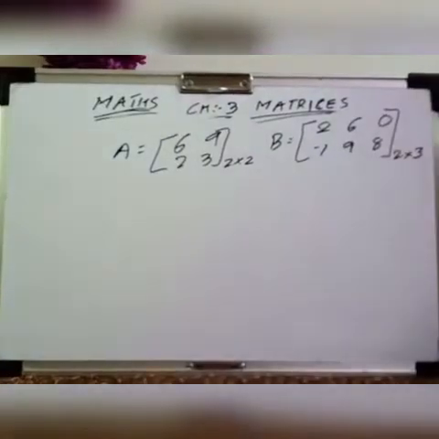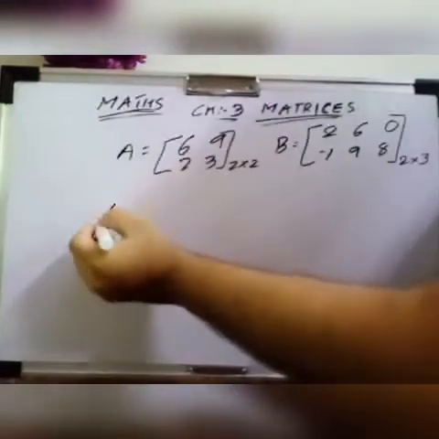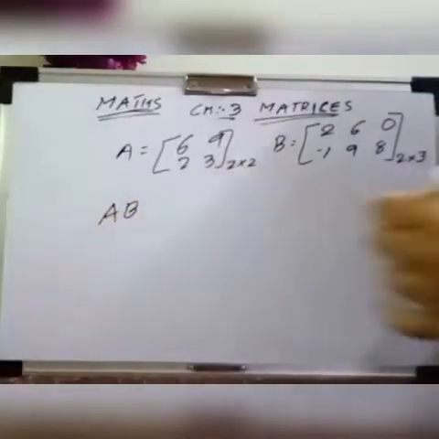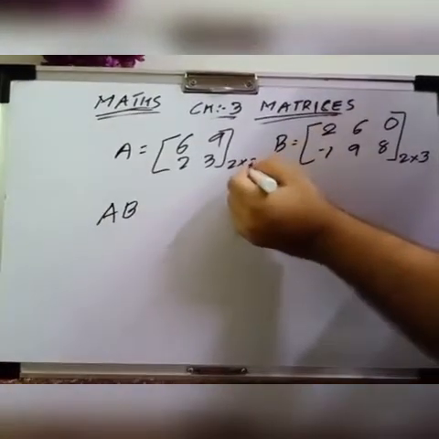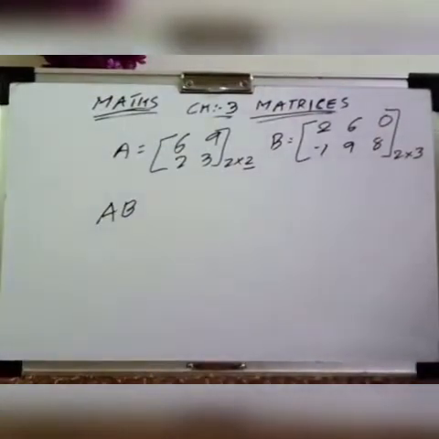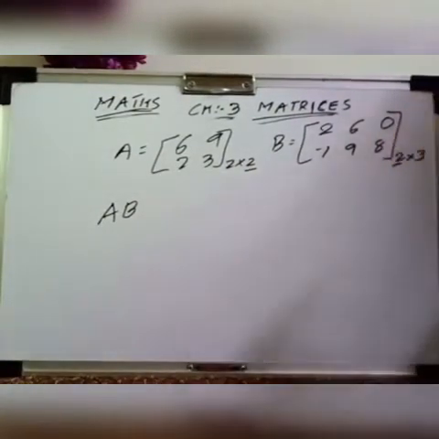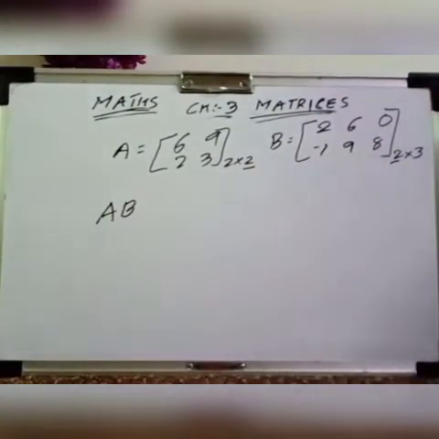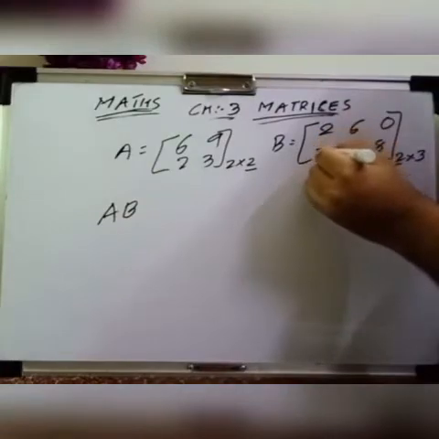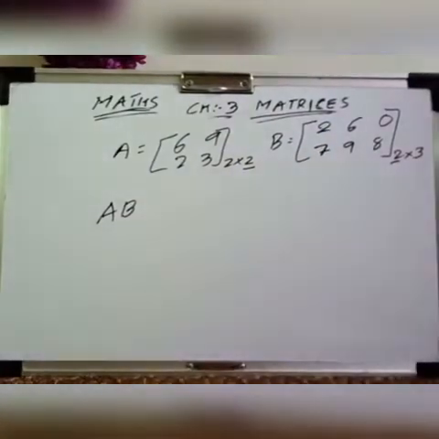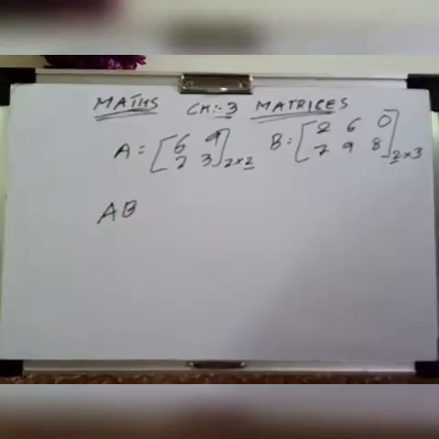So if you want to carry out this multiplication, that is A multiplied by B, then the column of the prefactor and the row of the post factor should be equal, and then only you can carry out this multiplication, right?